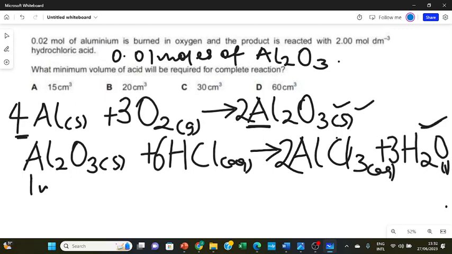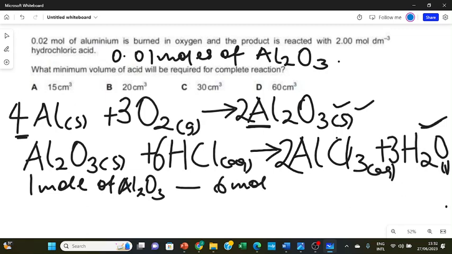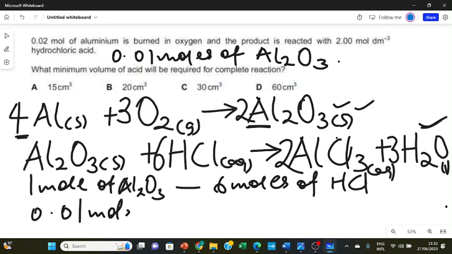So if 1 mole of aluminum oxide reacts with 6 moles of hydrochloric acid, therefore 0.01 moles of aluminum oxide reacts with what moles of hydrochloric acid? This 0.02 mole of aluminum is equivalent to 0.01 mole of aluminum oxide. So we now cross multiply.